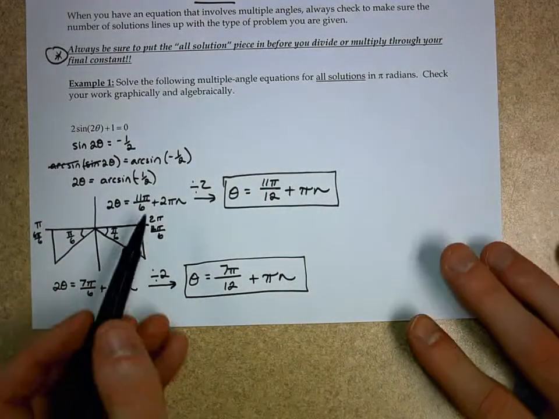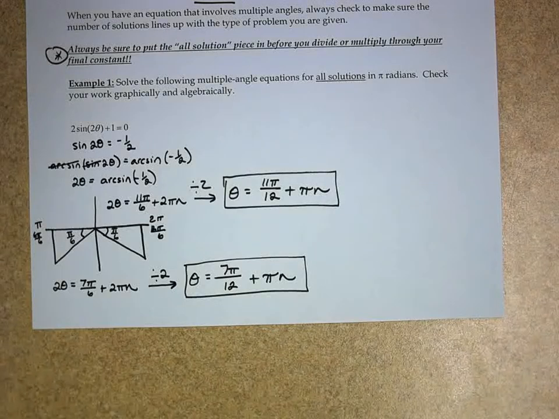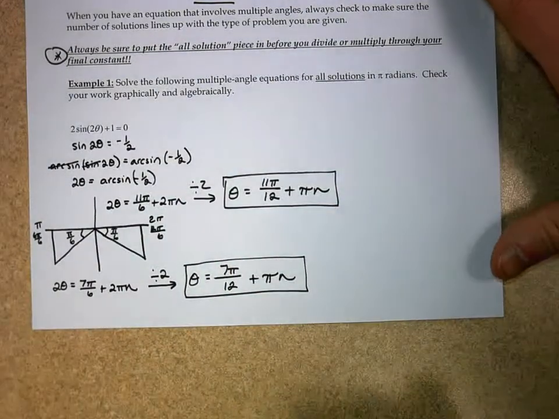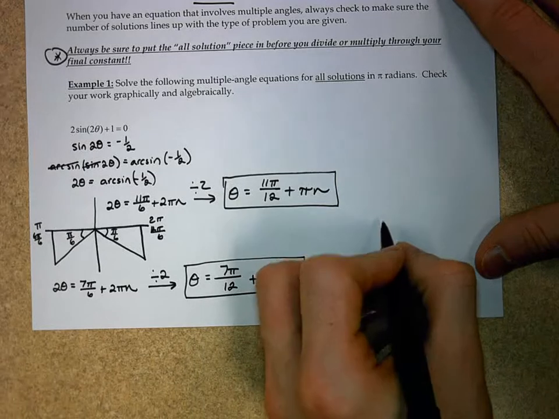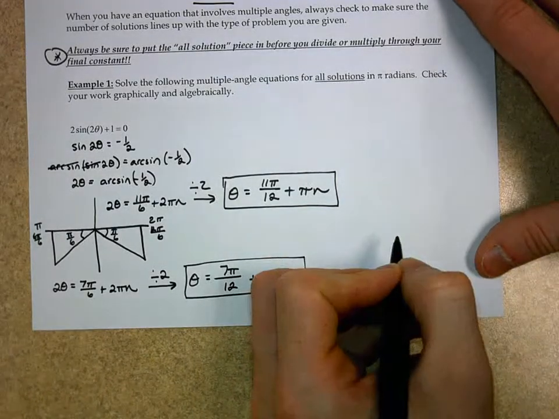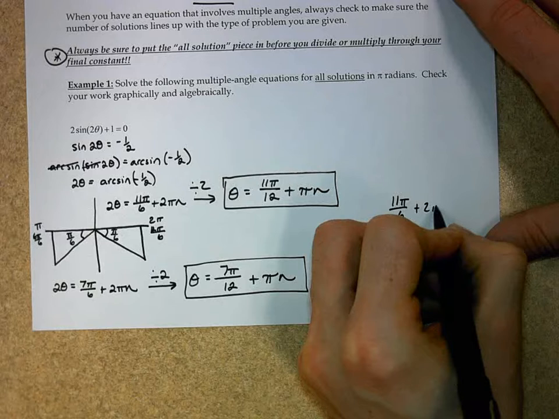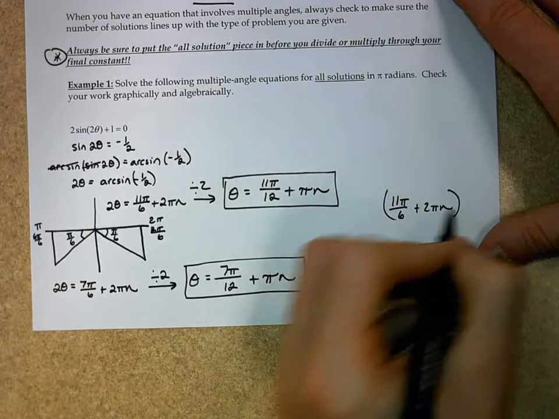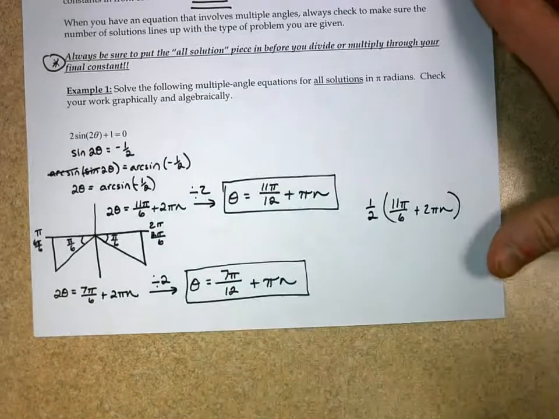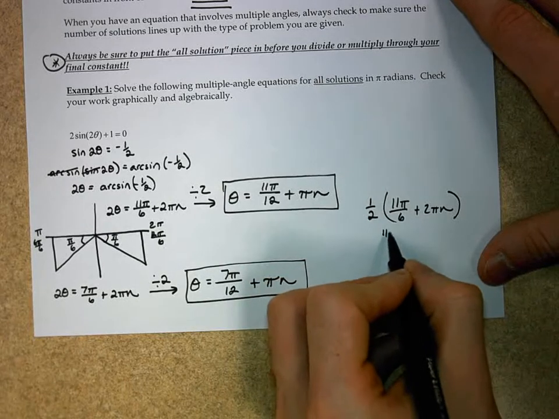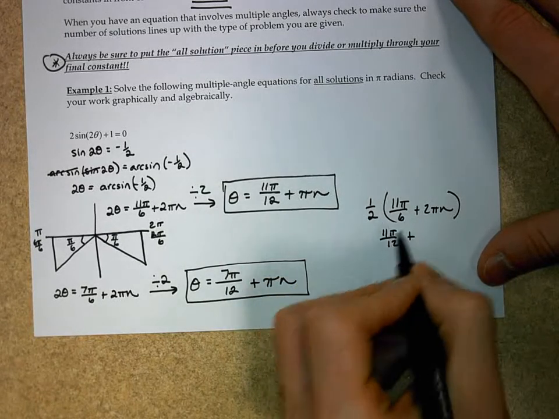Now you might say, well, when I divide by 2, doesn't this 11 sort of become like a 5.5 or something? And it's not quite like that. If you're not sure how that divided by 2 came about, think about dividing by 2 as multiplying by 1/2. If I had 11 pi over 6 plus 2 pi n, and instead of dividing by 2, think of multiplying by 1/2. And when I multiply by 1/2, I can clearly see that's 11 pi over 12.